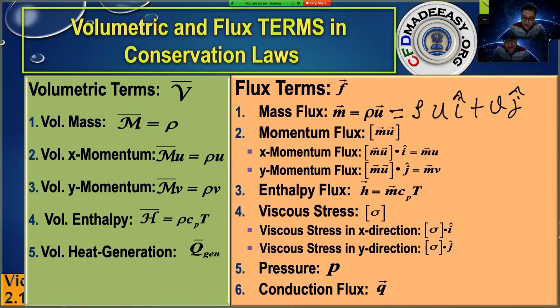Now this momentum flux is the momentum flow rate per unit area. Momentum flow rate is mass flow rate into velocity. This consists of two directions, the direction of mass flux and the direction of the velocity. So it has four components in a 2D Cartesian coordinate system.